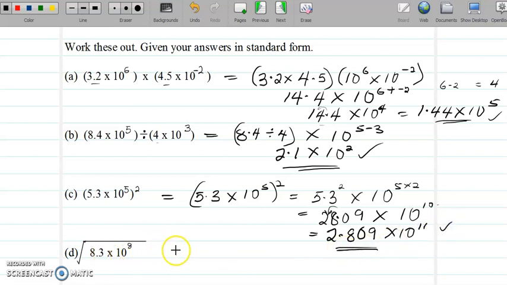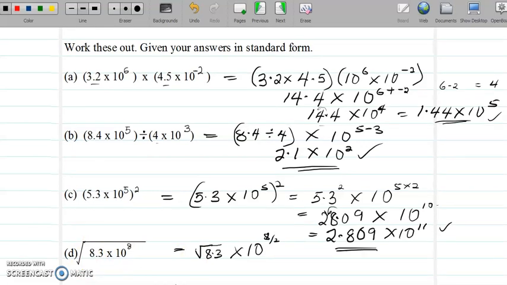Now I'm coming to this also. If you're asked to solve this, since it's a square root, I'm going to find the square root of this number and divide the power by 2. What I mean is, I have to find the square root of 8.3, and then the power I'll divide by 2, because it's a square root.